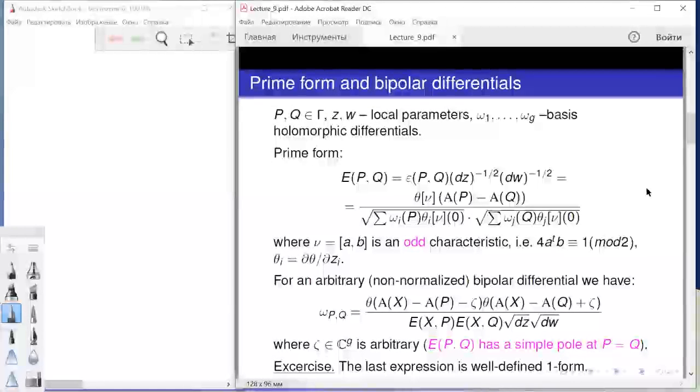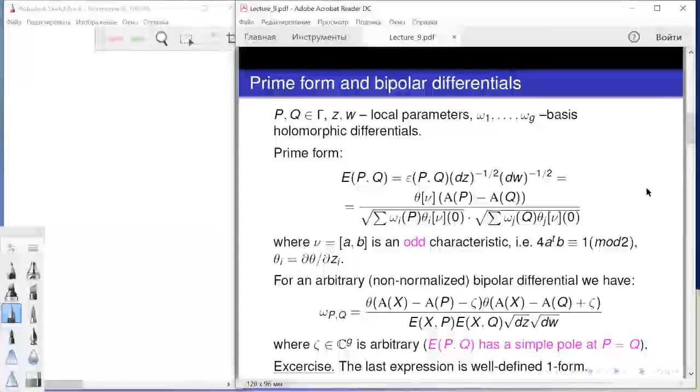Let z and w be local coordinates of those points, and omega 1 and so on, omega g, are basis holomorphic differentials.